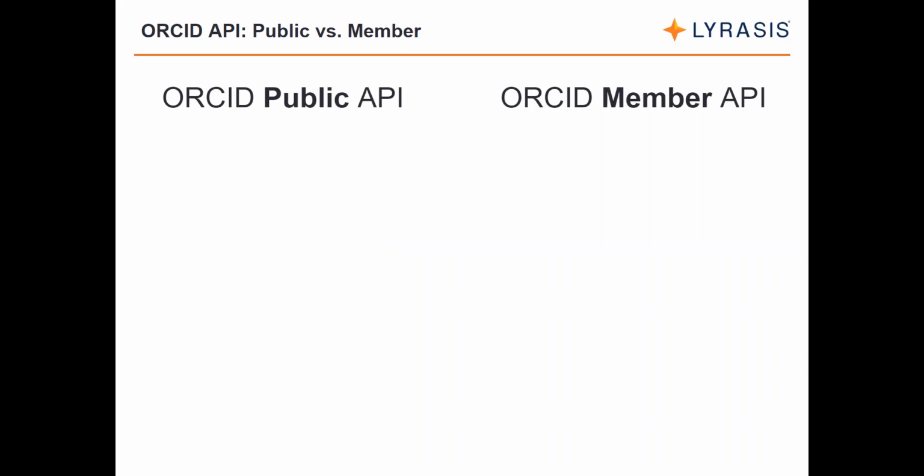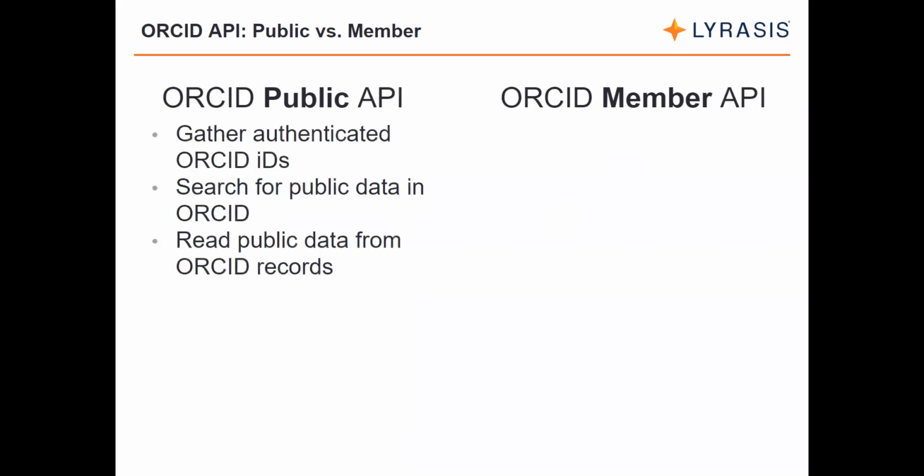The ORCID Public API is free for anyone to use, and the member API can be used by ORCID member institutions that pay a fee to support that member API functionality. So the public API allows for collecting authenticated ORCID ID numbers, searching for public data in ORCID, and also reading any public data from ORCID records.